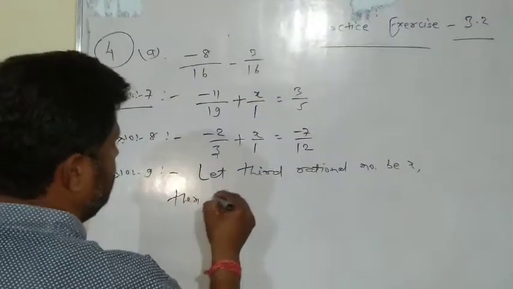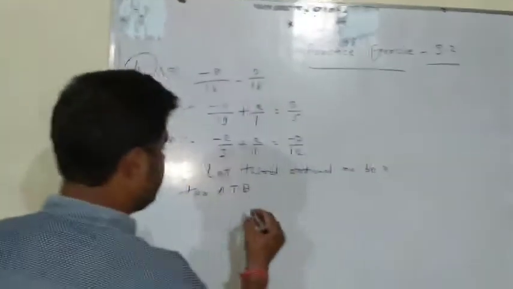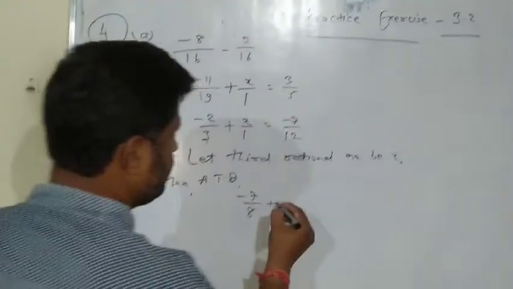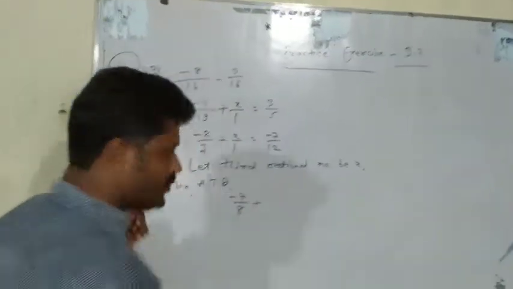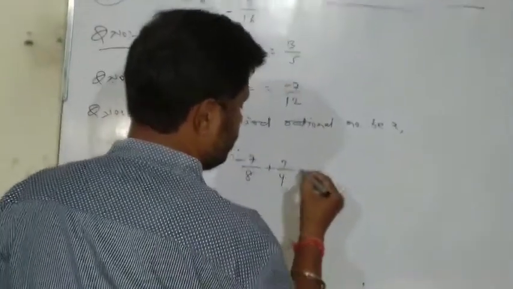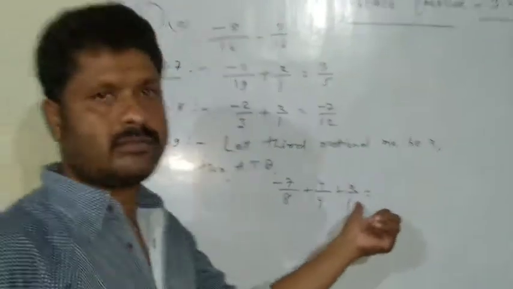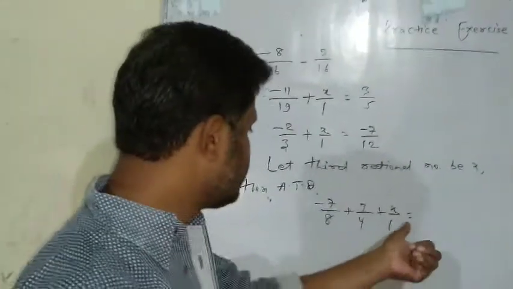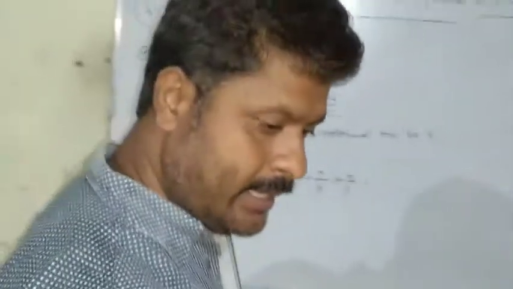Then, according to the question, minus 7 by 8 plus 3 by 4 plus x by 1. That means this is the third rational number. And their sum will be 15 by 16.